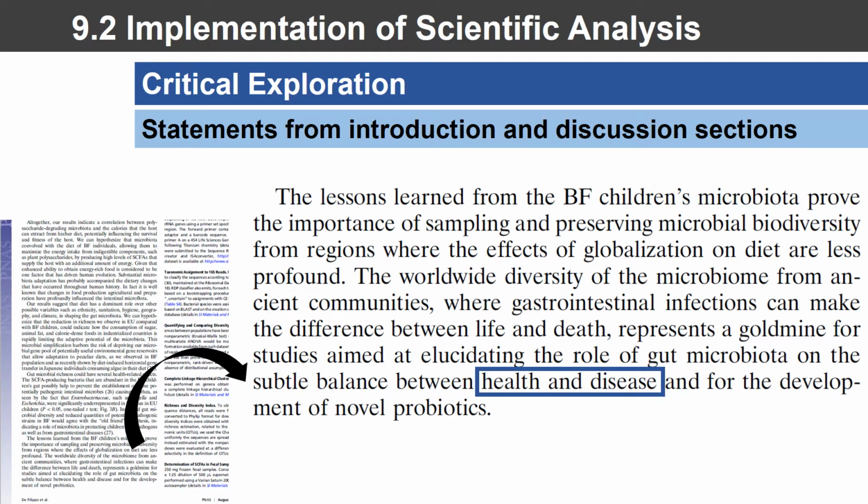And so it says that the worldwide diversity in the microbiome from ancient communities where gastrointestinal infections can make the difference between life and death represents a gold mine. Wow, okay. For studies aimed at elucidating the role of gut microbiota on the subtle balance between health and disease, and for the development of novel probiotics.